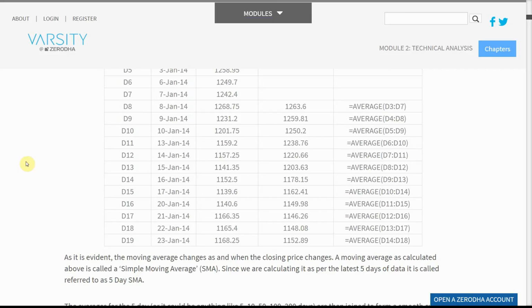D12, D16. D18, the 14th of January, 22, 1165.4. 1148.08 equals average. D13, D17. D19, the 14th of January, 23, 1168.25. 1152.89 equals average. D14, D18.